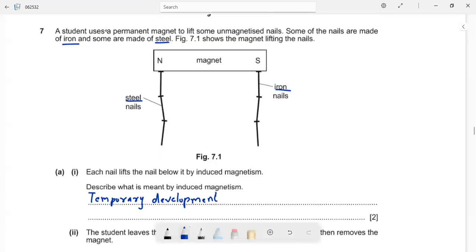Temporary development of magnetic properties in a non-magnetic substance, that is induced magnetism, and this will occur in these nails. Here, for example, this will be S, this will be N, this will be S. Like that it will get induced.